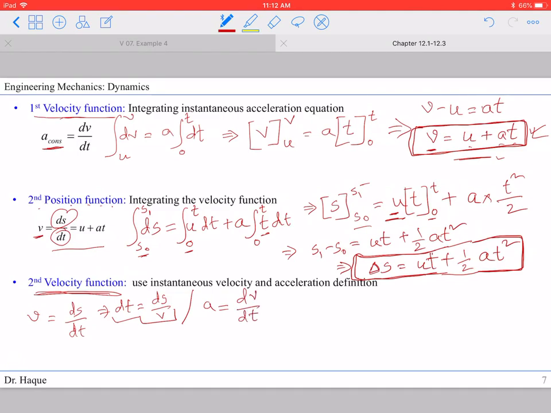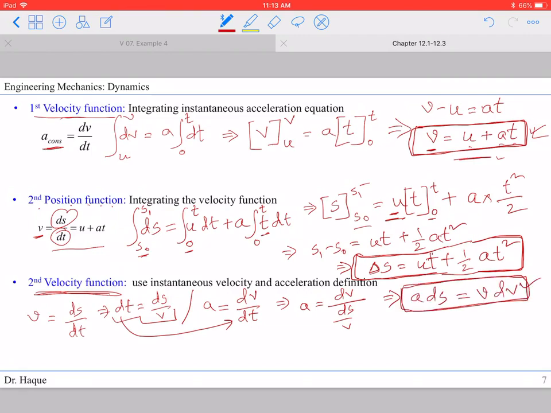So now we're going to plug this value in, and we'll get acceleration equals dv over ds over v. That gives us an important relationship; we have to start from here to find our fourth formula.